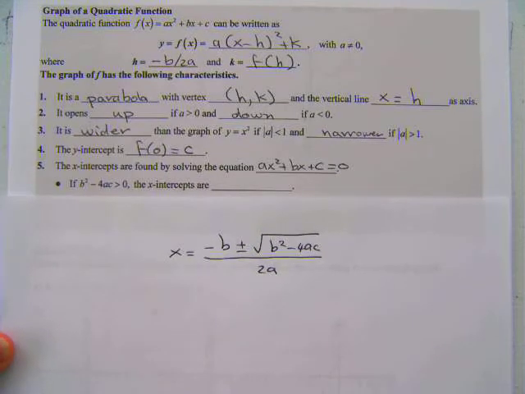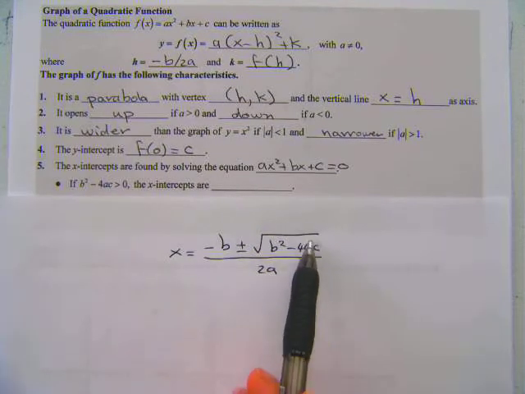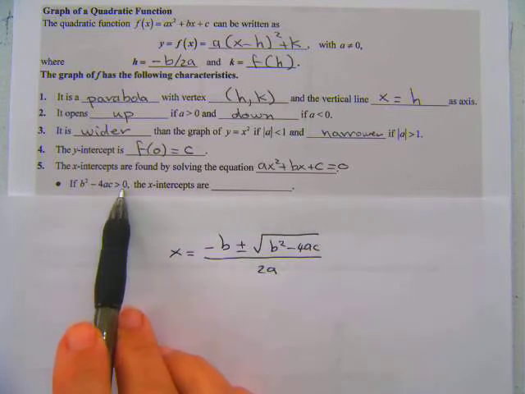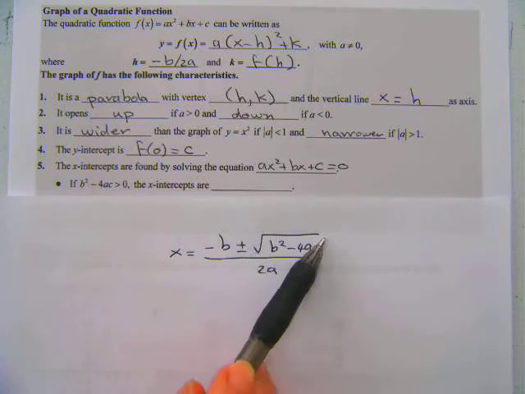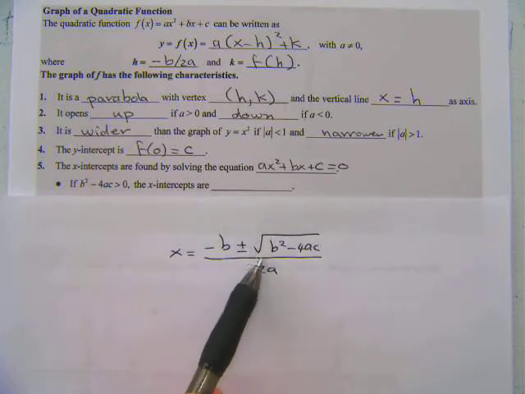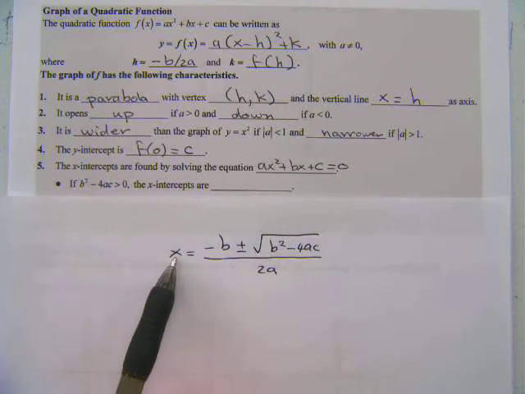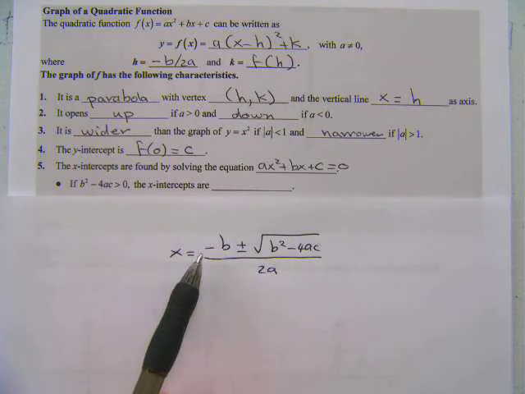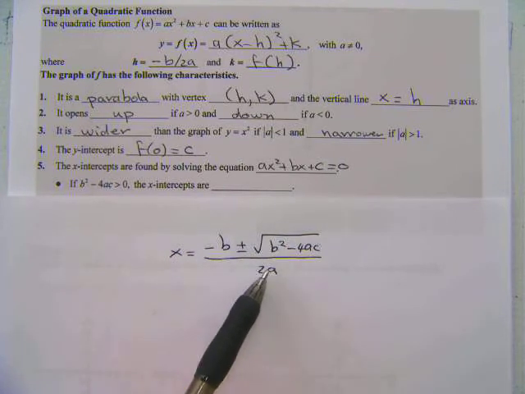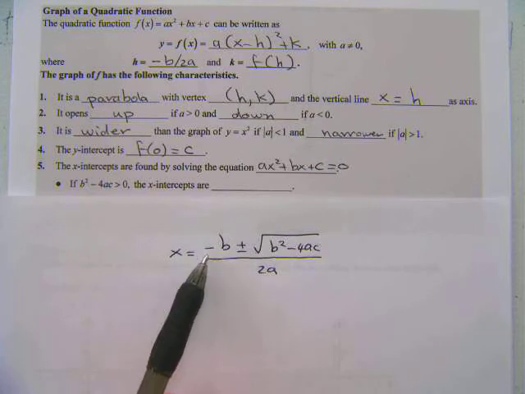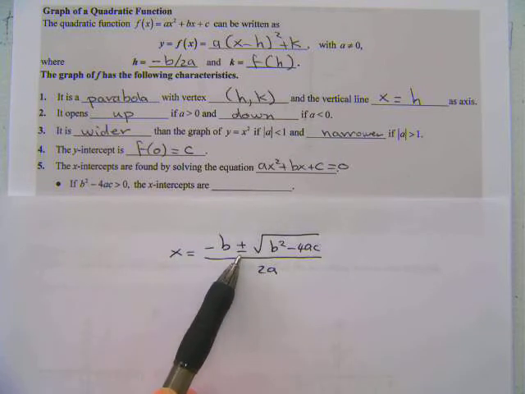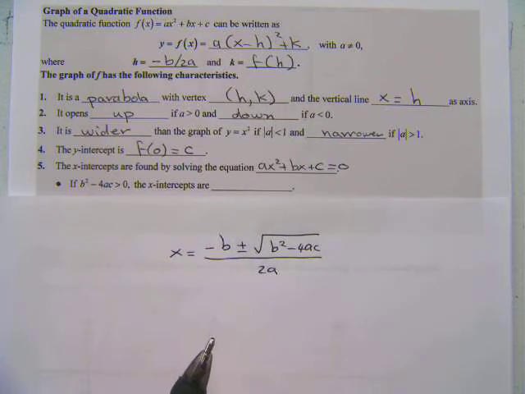Let's think together. If this quantity is greater than 0, then we're going to have a square root of a positive number, so there will be a number here. So we're going to have two x-intercepts. One of them is negative b plus that quantity over 2a, and the other one is negative b minus that quantity over 2a.